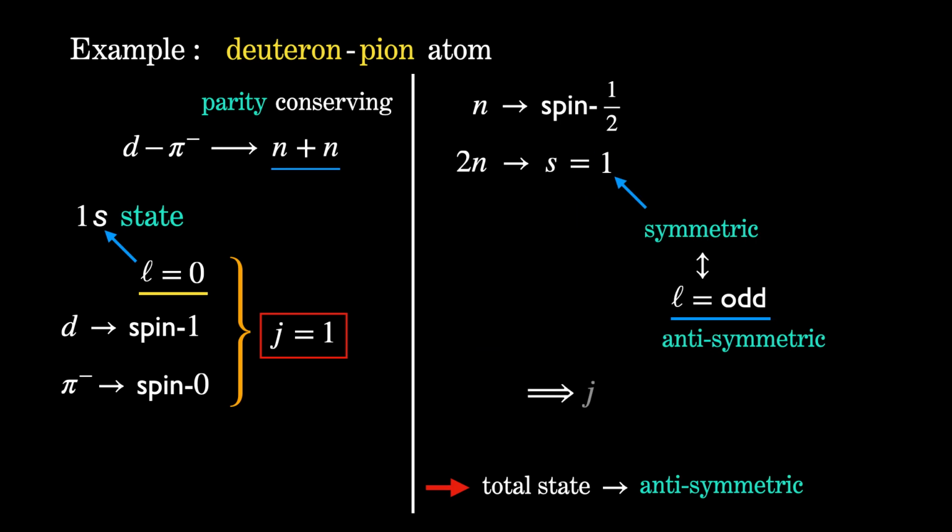These are the possible total angular momenta. We see that for L equals 1, which is odd, the J equals L solution is the only one that satisfies the constraint.